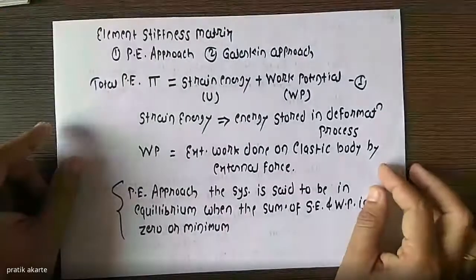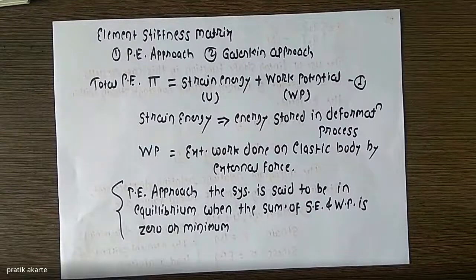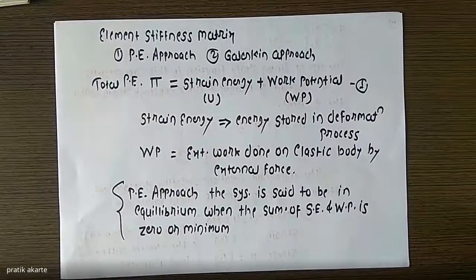Then we started with the formulation of the element stiffness matrix, which is an important building block for your finite element analysis problem. There are three approaches. We discussed the potential energy approach, then the Galerkin approach and the Rayleigh-Ritz method.